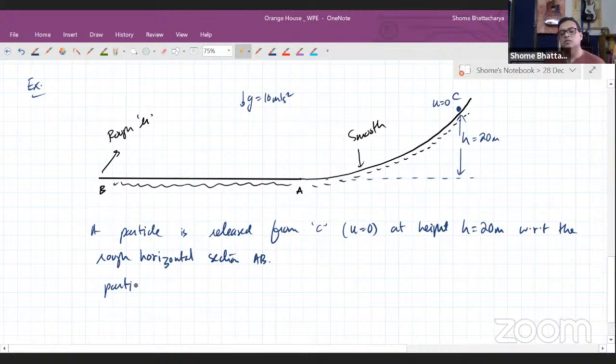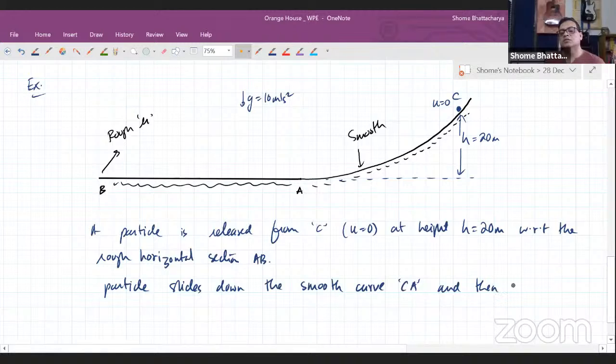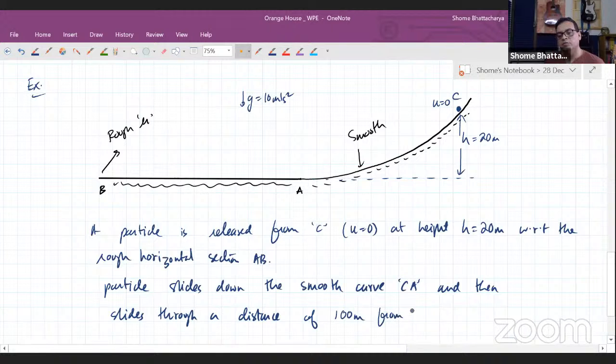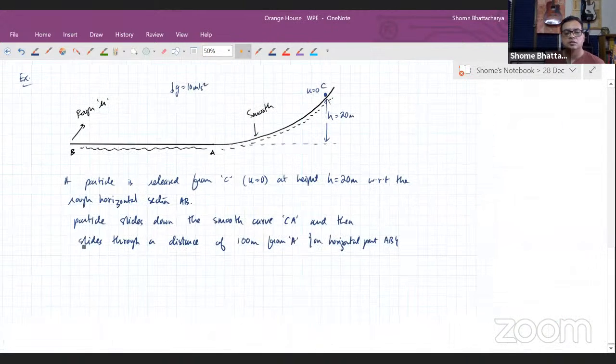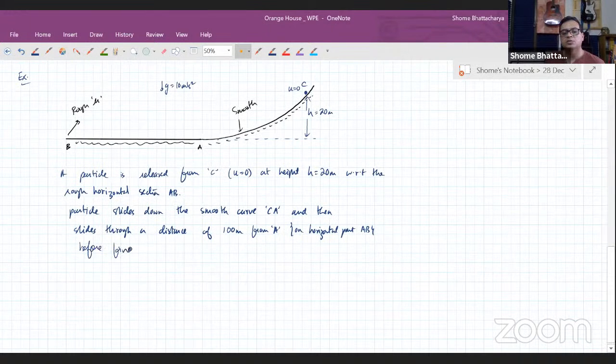So the particle slides down the smooth curve CA and then slides through a distance of 100 meters from A on the horizontal part AB before finally coming to rest.